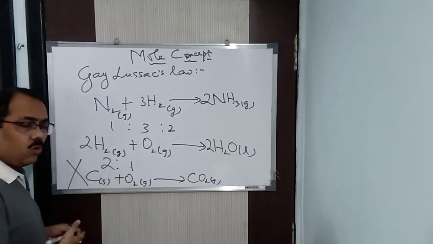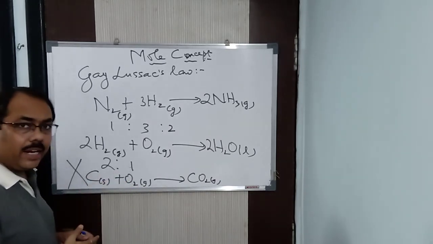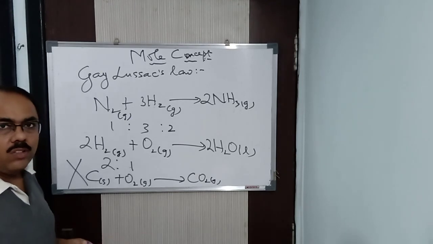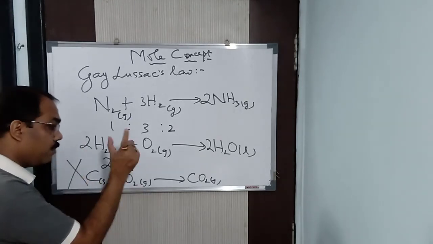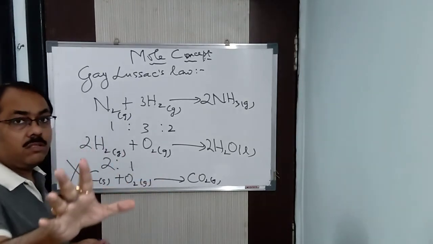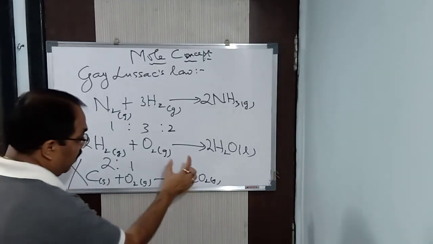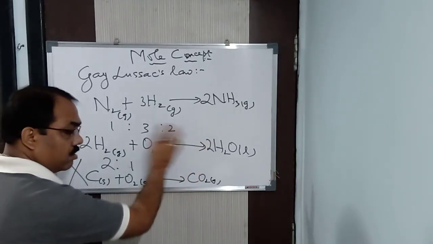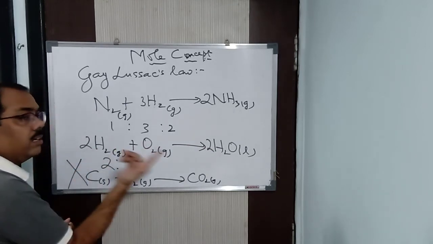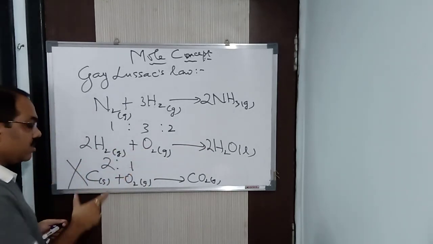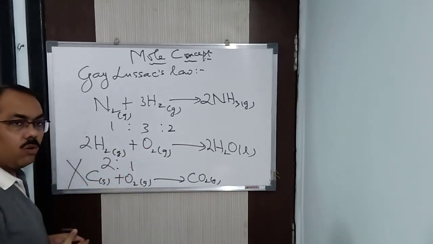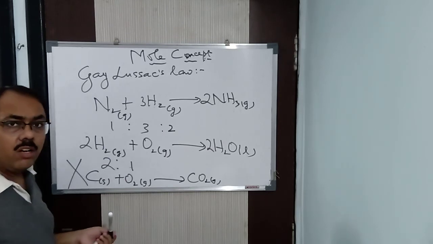With one component, can I get a ratio? No. So the reactant has to be gaseous. The product may or may not be a gas. Listen carefully. If the reactant is not gaseous, how will I find the ratio? We will not get a ratio at all.